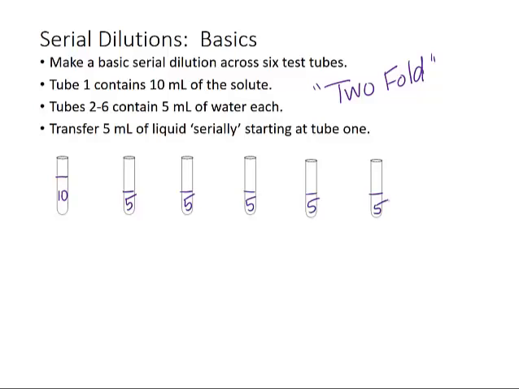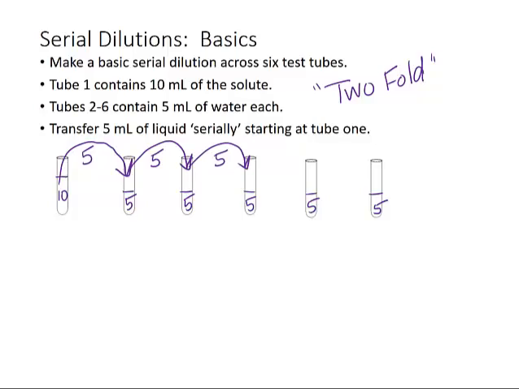I know it seems silly to some of you to draw this out, but trust me, if you're a beginner, drawing it out really helps. Now it says I'm going to transfer 5 milliliters of liquid serially, starting at tube 1. So that's going to be my aliquot. I've got 5 milliliter aliquots each time. And again, you can draw this in if you want, you don't have to.